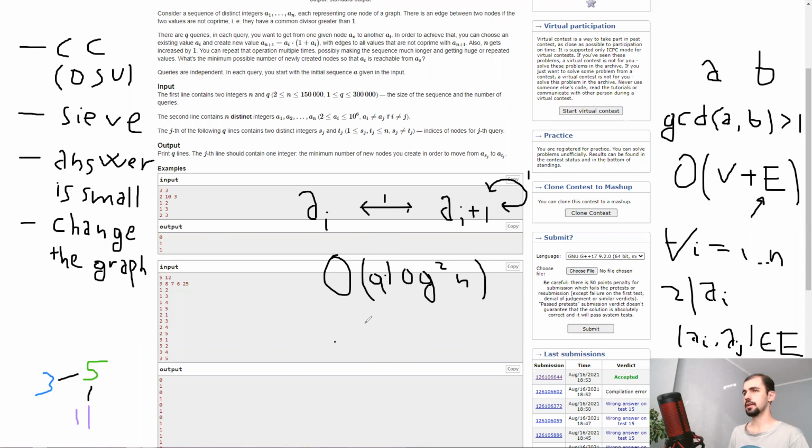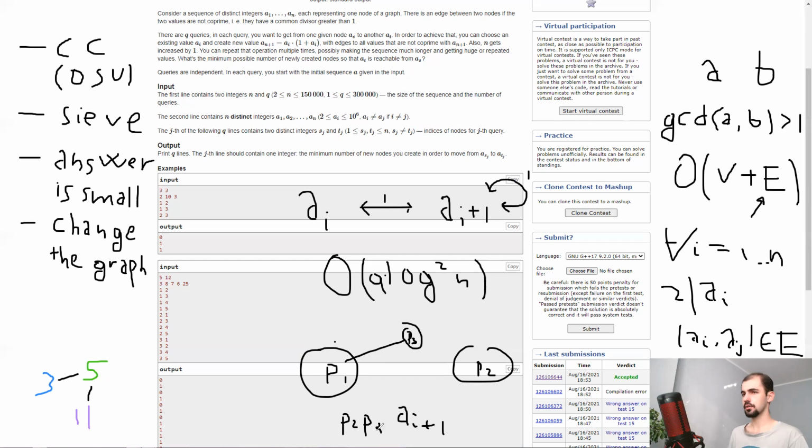I can't remember it exactly, but it might be the case that you want to connect some prime divisor p1 here with some number here, and you don't connect them by adding two edges of cost 1, but you instead connect them by saying, okay, I have AI here, I found P3 here, but also AI plus 1 is divisible by P2 and P3. So what it means is, by adding one vertex, you added both edges.